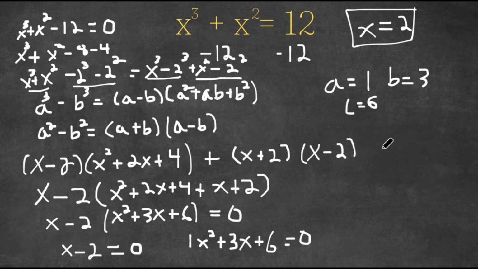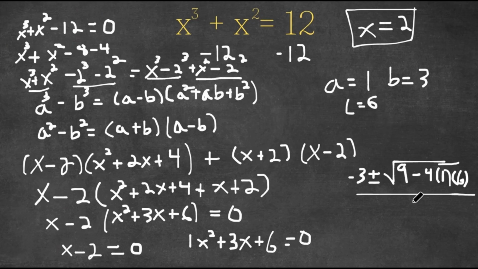So we have negative b, so negative 3, plus or minus the square root of b squared, so 3 squared, which is 9, minus 4 times a is 1 times c, which is 6. And we are dividing this by 2a, and a is 1, so 2.